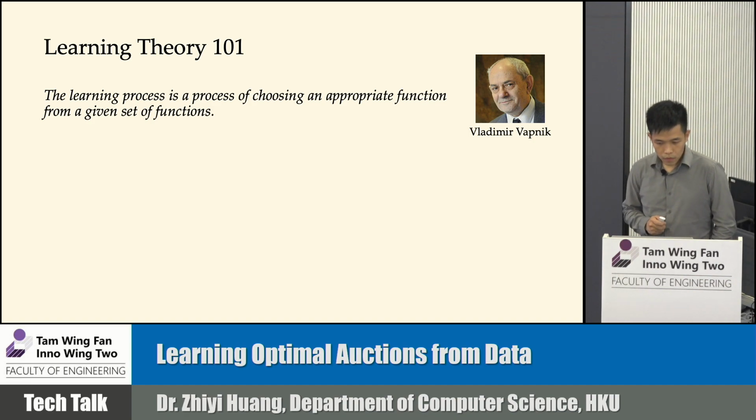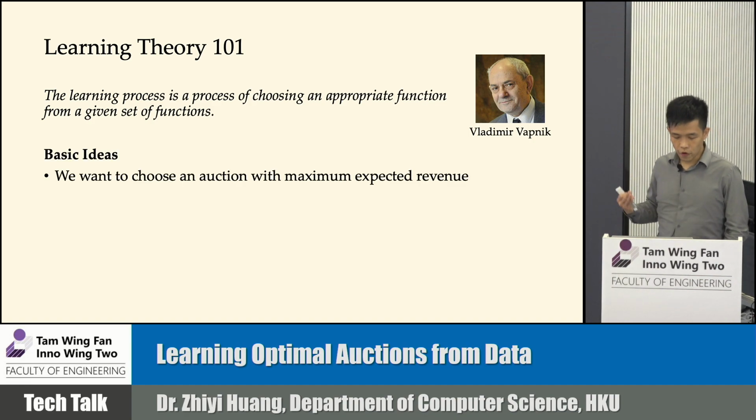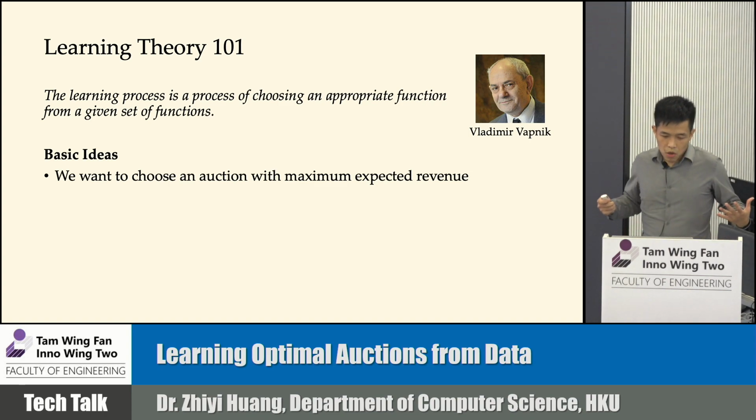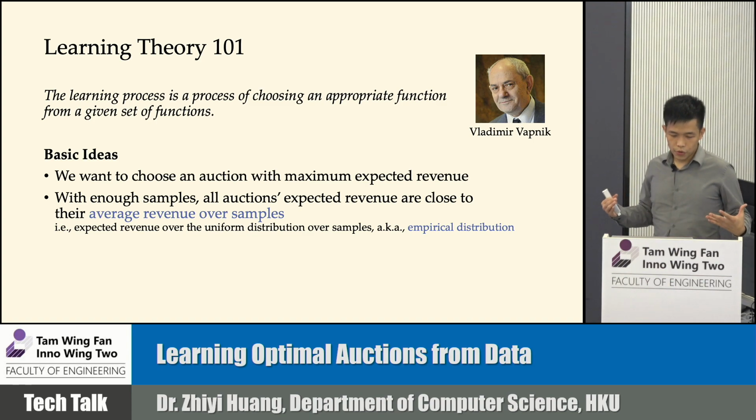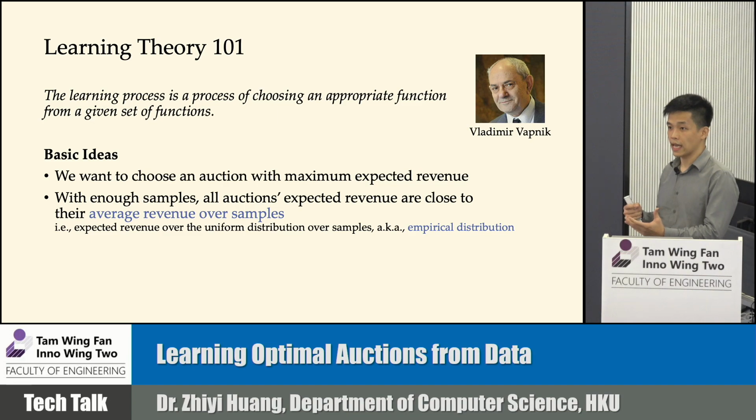So here's the basic idea if I follow learning theory. We want to choose an auction with maximum expected revenue. It would be nice, and intuitively true, that with enough samples, every single auction's expected revenue is close to the average revenue over the samples.